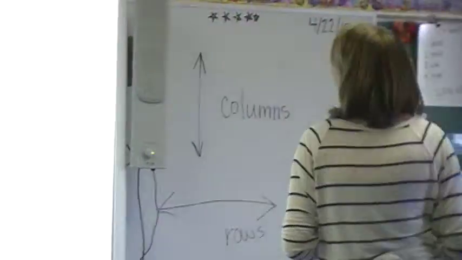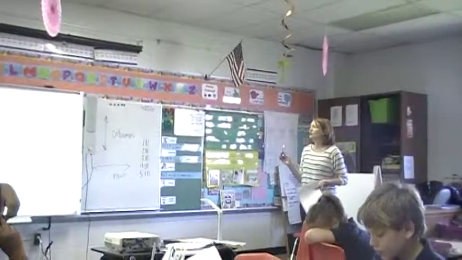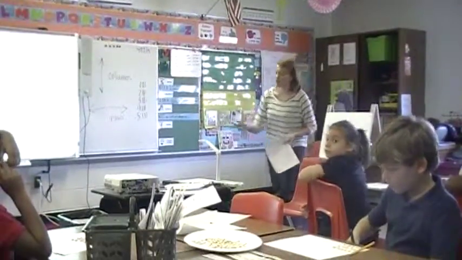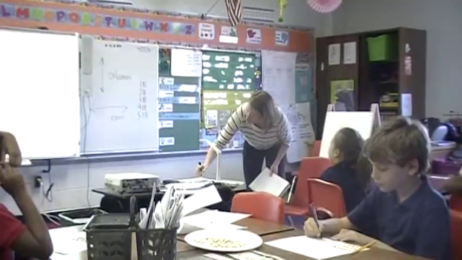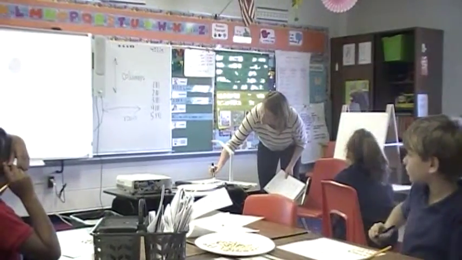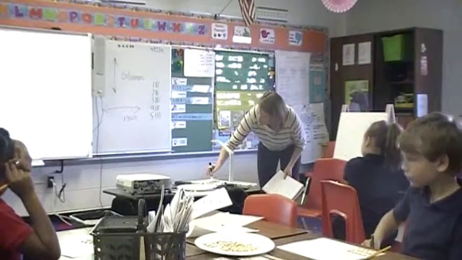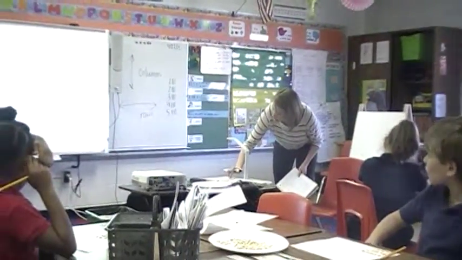So now we just made 3 rows of 5, and I just wanted to show you how they are the same or how they are different. What is different?